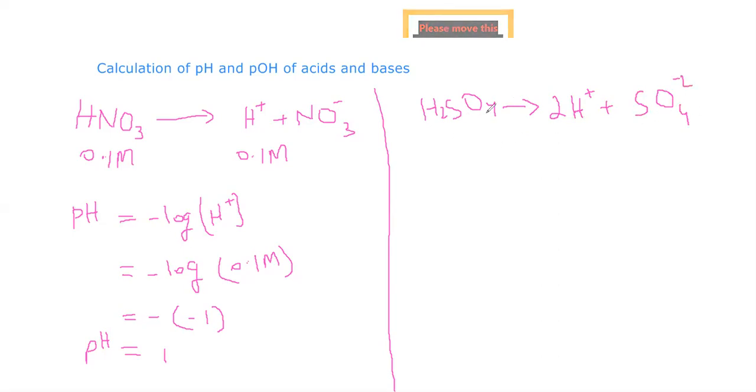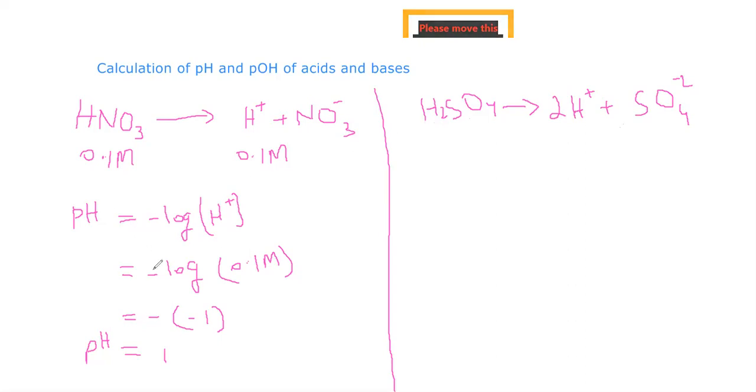Because hydrogen has a positive 1 charge, there are two positive 1 charges, so the sulfate has a charge of minus 2. Again, if I ask why you call it an acid, it is because it is going to release the hydrogen ion.